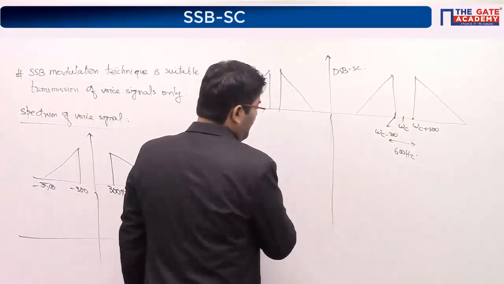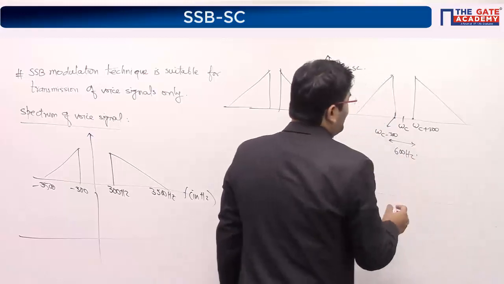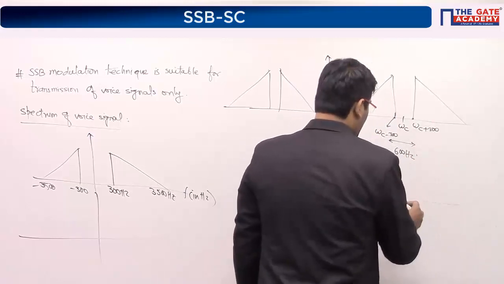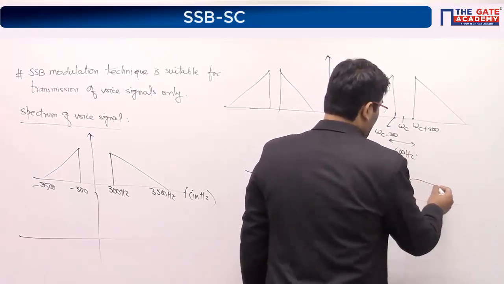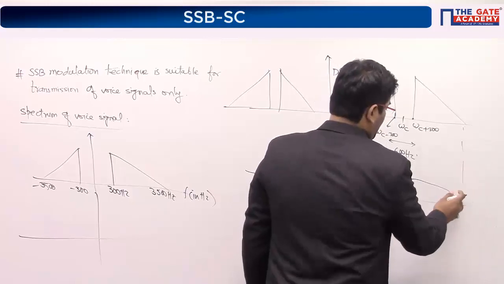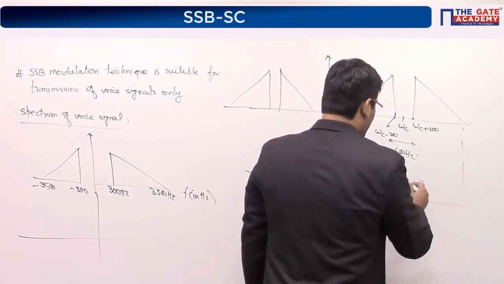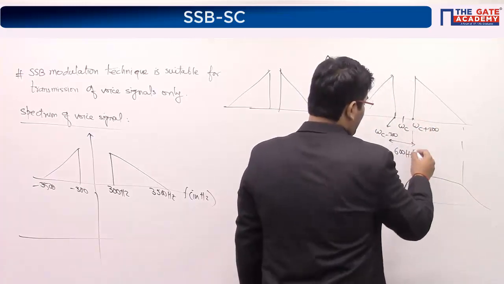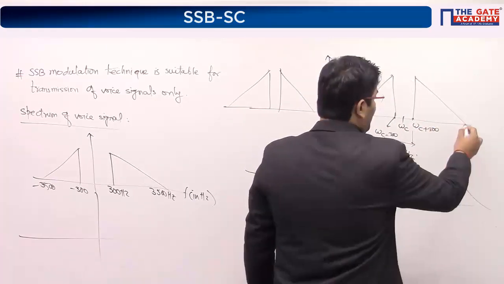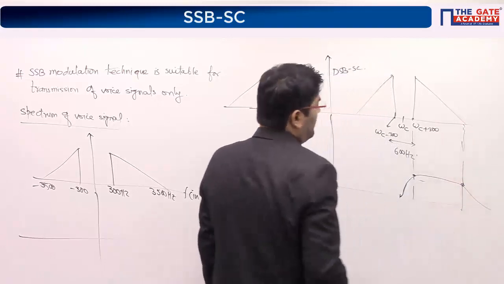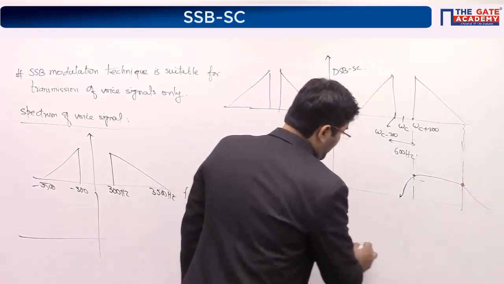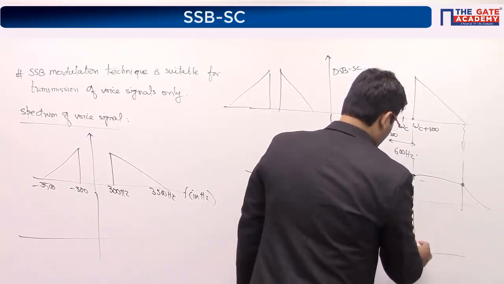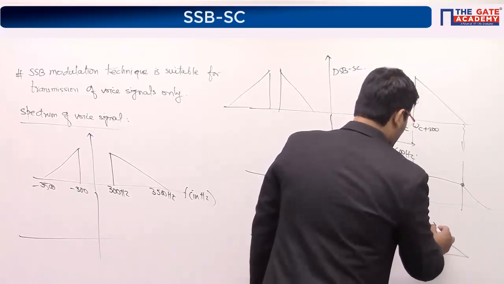Now, even if you deploy a practical band pass filter, you can think of something like this. Still, you can see that your peak is coming here and your peak is coming here. So you will get this part properly, the upper sideband.